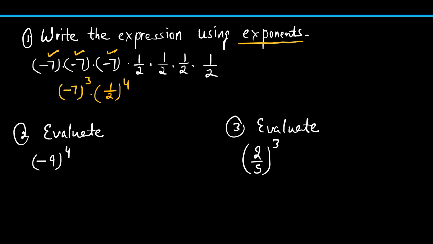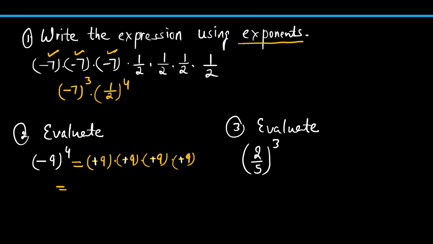For the second question, you have to evaluate this. You can write it as negative 9 times negative 9 times negative 9 times negative 9, and then you simply multiply all these four. You can clearly see that there are four negative signs which will become positive.